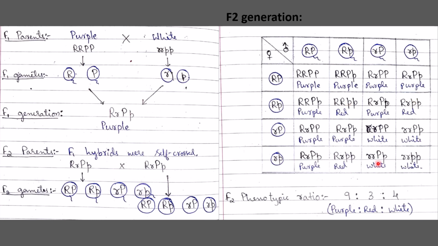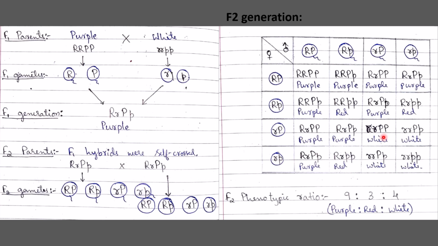Now coming to these 4 genotypes here, the R genes are in homozygous recessive condition. The question said the R gene in homozygous recessive condition ceases the production of red product. That is, it retains its white character irrespective of the presence or absence of the dominant allele P, the supplementary gene.